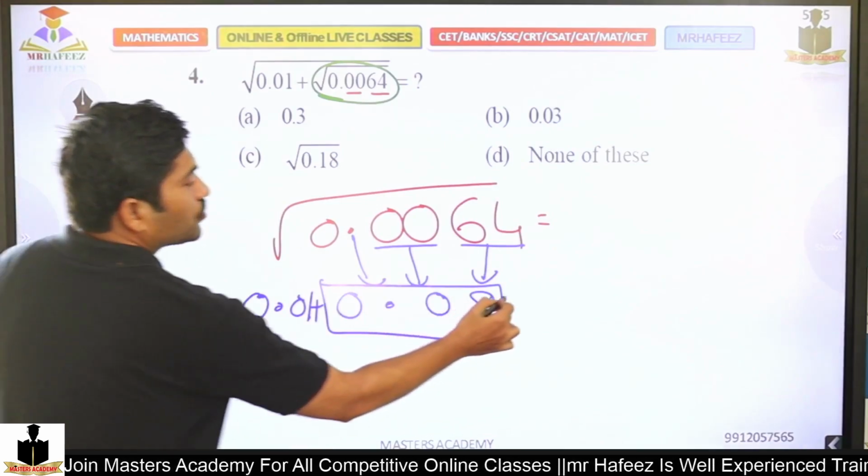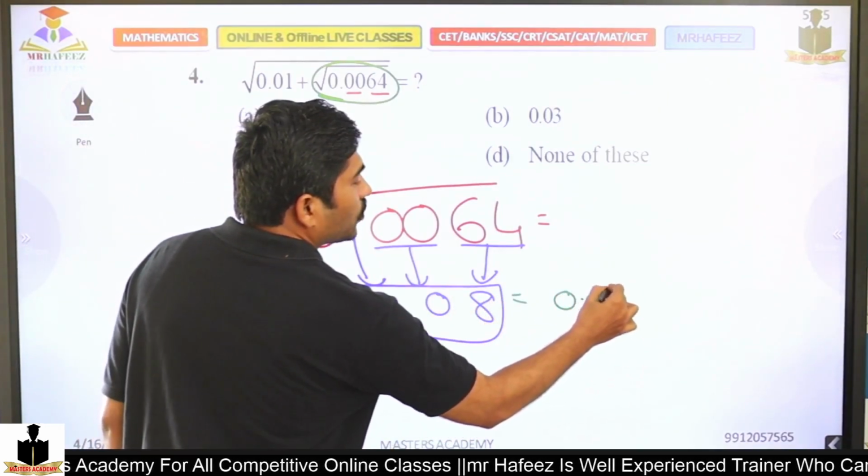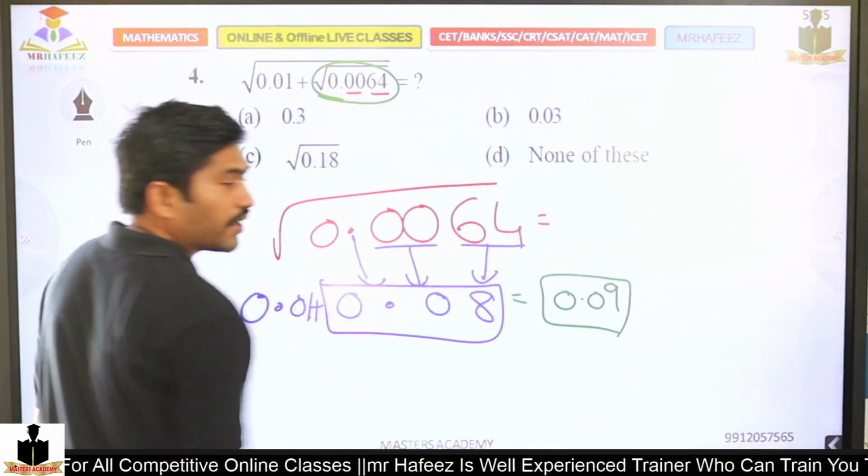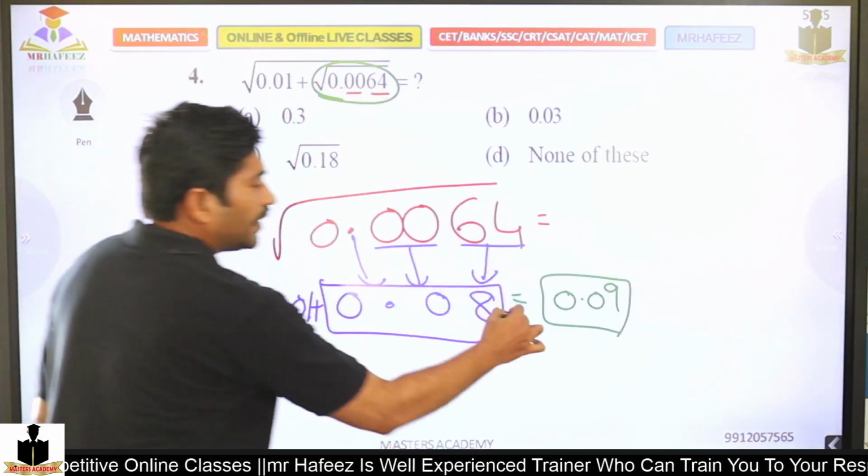If I add these two, the value is 0.09, but it is under root.